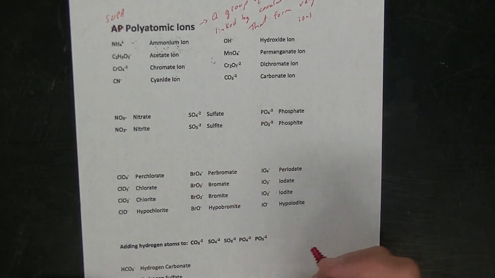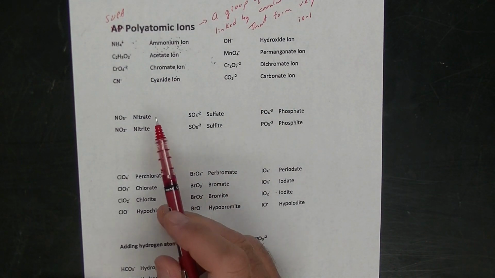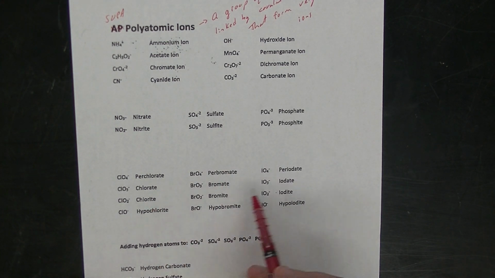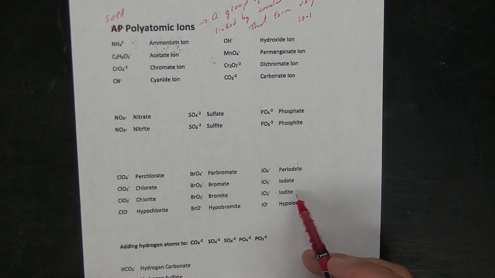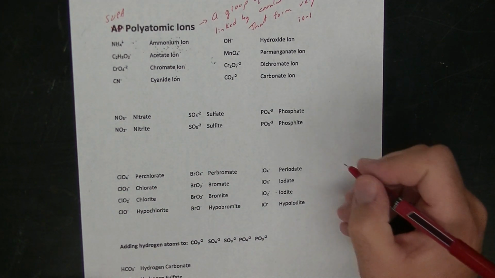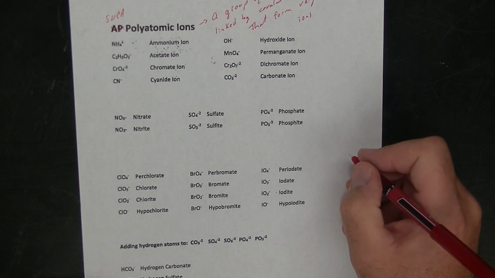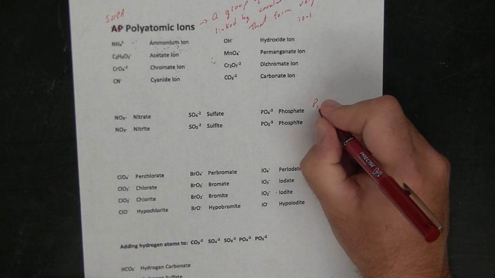So we have nitrates and nitrites and sulfates and sulfites, and then chlorates, chlorites, bromates, bromites, iodates, iodites. There's actually a pattern down here. Let's write this.